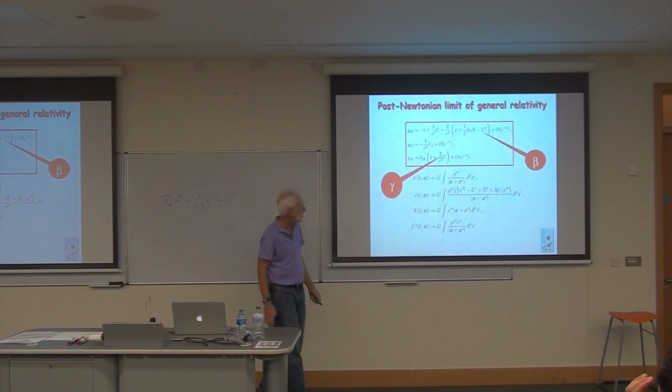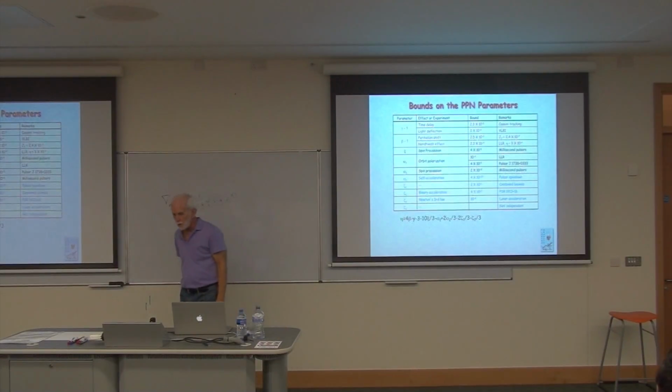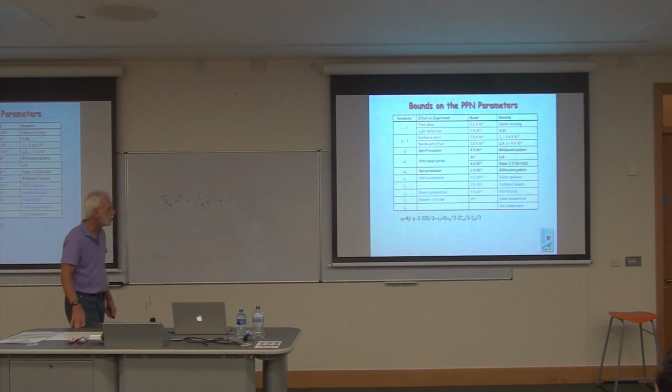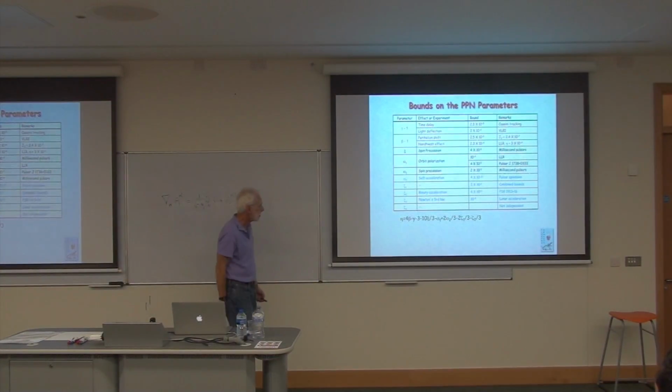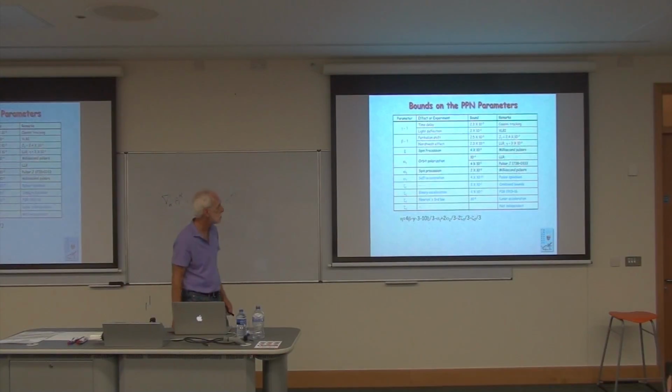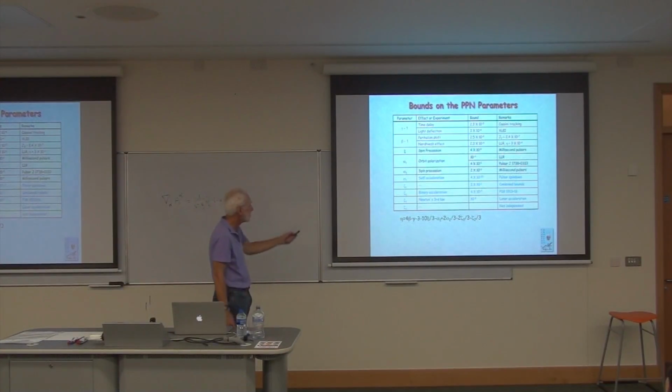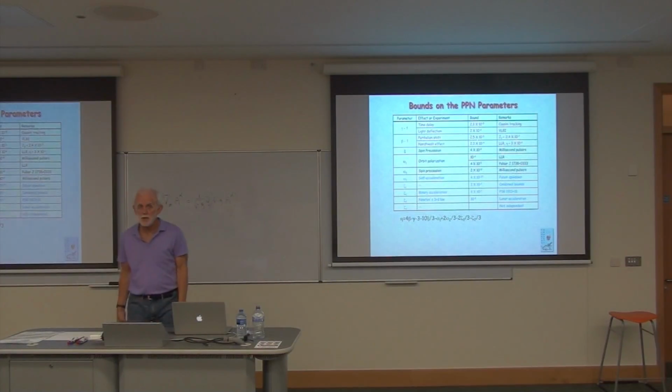And so over the years, this so-called parameterized post-Newtonian framework has been developed that characterizes a wide range of alternative theories with these arbitrary parameters. And here, just for information purposes, I'll list the current limits from a range of experiments on these parameters, just to show that the results agree very precisely with general relativity.